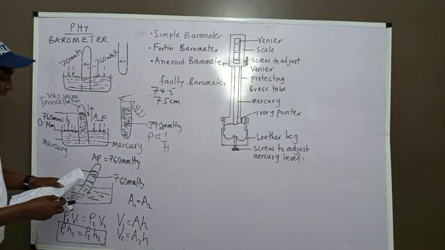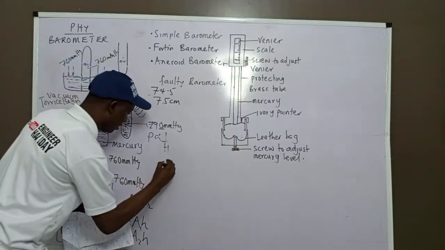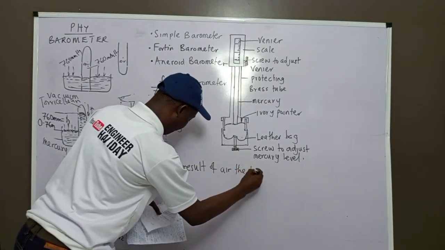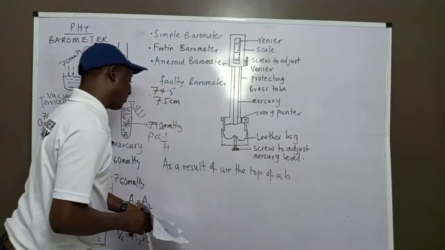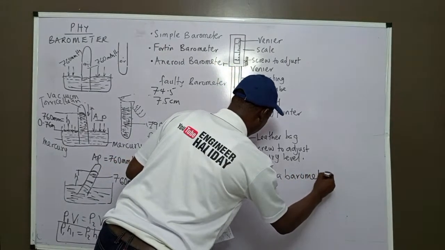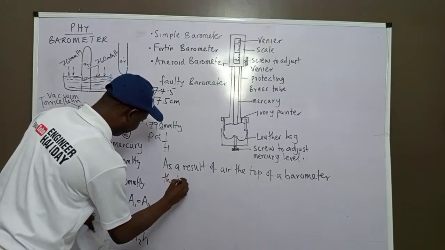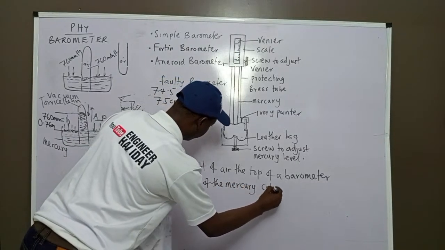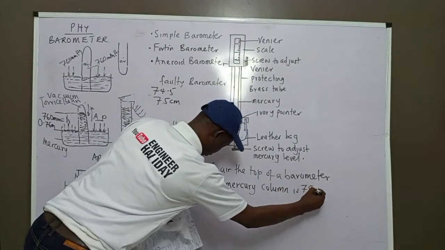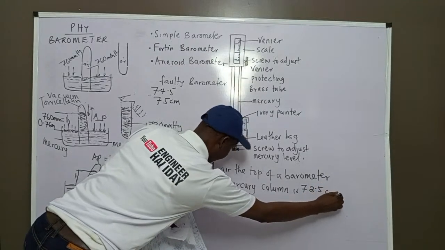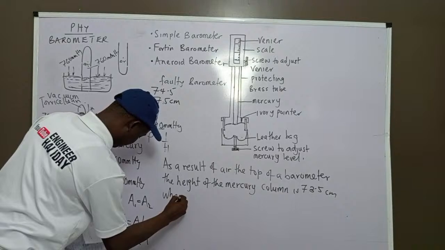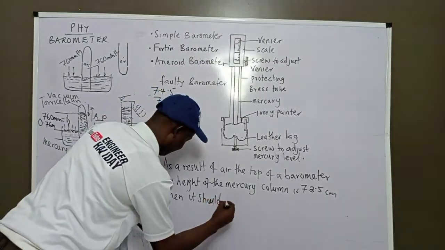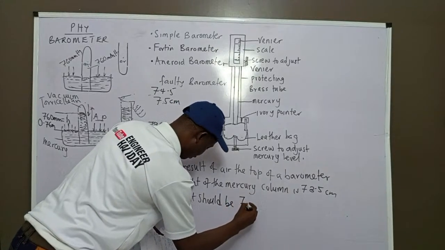Now, they said, as a result of air at the top of a barometer, the height of the mercury column is 73.5 centimeter, when it should be 75 centimeter.